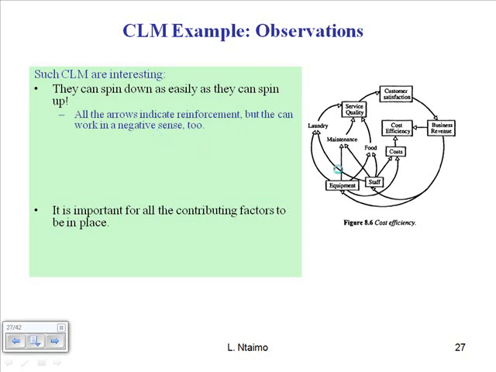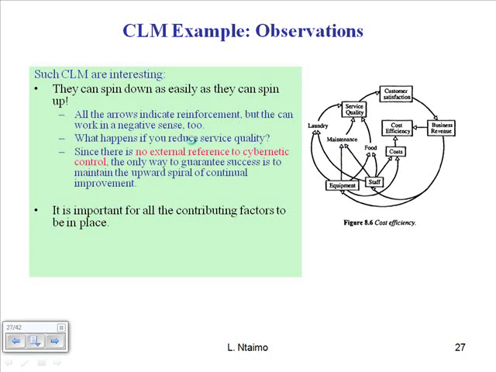If the staff are not doing well, what's going to happen? There's not going to be reinforcement going on. What happens if you reduce service quality? The opposite is going to happen. Cause and effect. So there can be feedback going on.